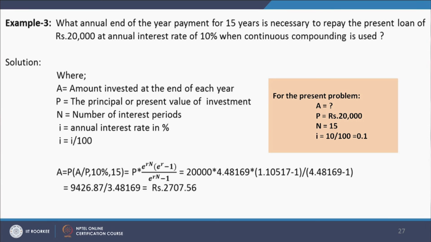So, we use the equation A is equal to P into e to the power rn, in brackets e to the power r minus 1, divided by e to the power rn minus 1. This is used for continuous compounding, we have already derived this. If we put the values in this equation, the value of A comes out to be 2707.56.